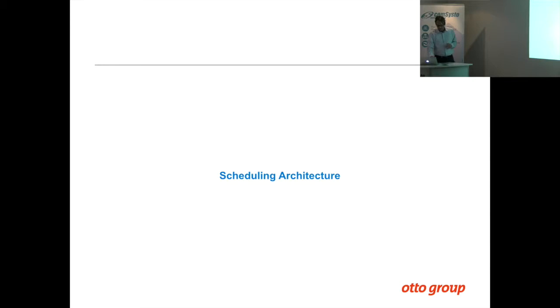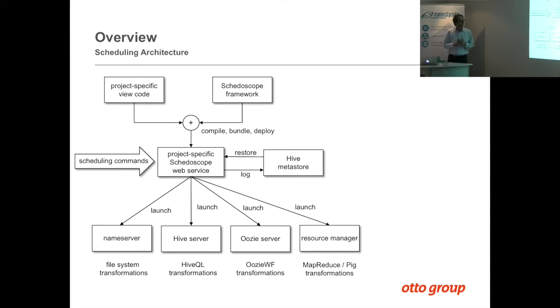All right, some brief words about the scheduling architecture. When you set up your Hadoop Data Hub with Schedoscope, you write some kind of project-specific view code. Here you write your tables that I've just shown you. You have the framework itself, and you bundle this into a project-specific Schedoscope web service.